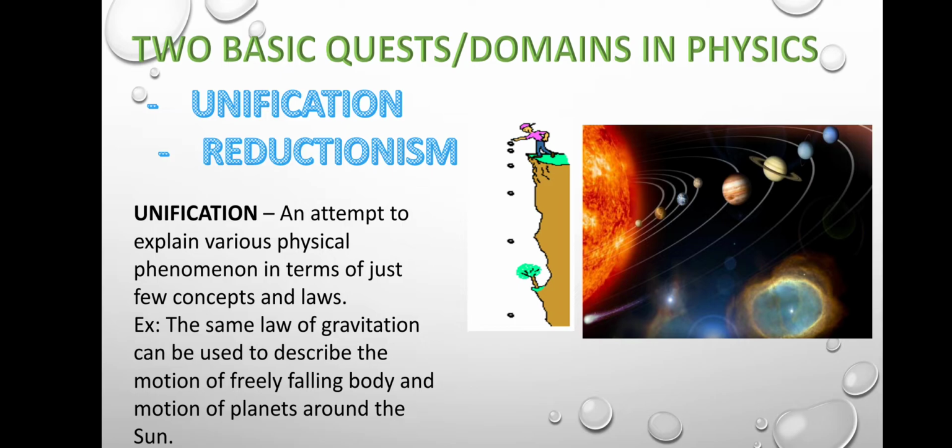Example, the same law of gravitation can be used to describe the motion of a freely falling body and the motion of planets around the earth. We unify them. We bring it together. It's universal. So that is called unification.